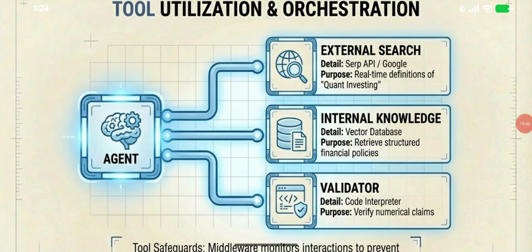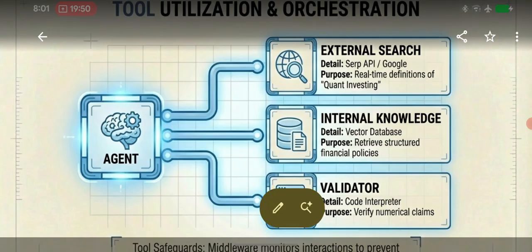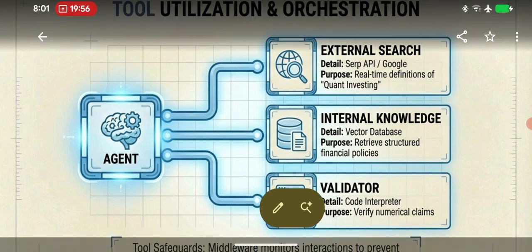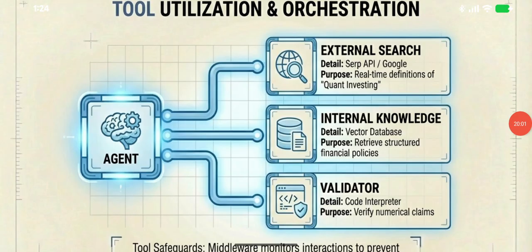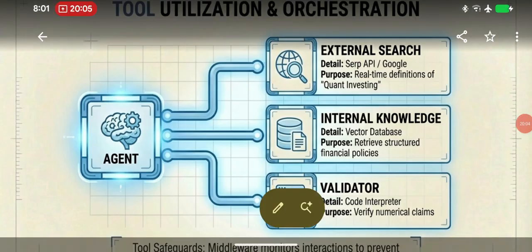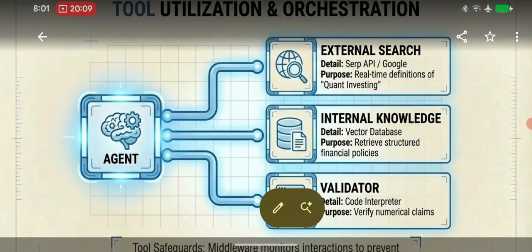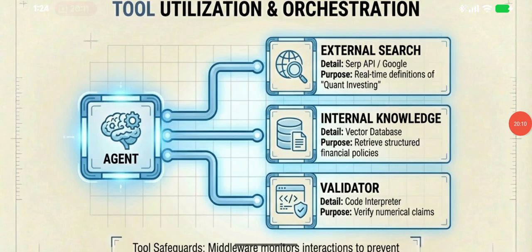So, tool utilization and orchestration. The orchestration agent can use external search, that is an API call. It can use a vector database, retrieval augmented generation if internal knowledge is available, and a validator. Something like a company such as Google or Bing having a search engine, and they have indexed all the worldwide data and information, which can be put into the vector database and retrieved.